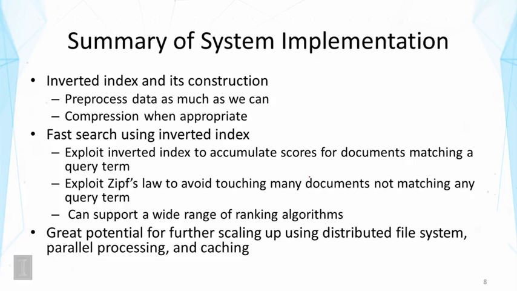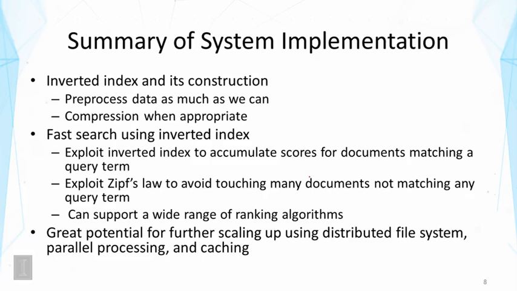And the basic idea is to pre-process the data as much as we can, and we want to do compression when appropriate, so that we can save disk space and can speed up I/O and processing of inverted index in general. We talked about how to construct the inverted index when the data can't fit into the memory. And then we talked about the fast search using inverted index.